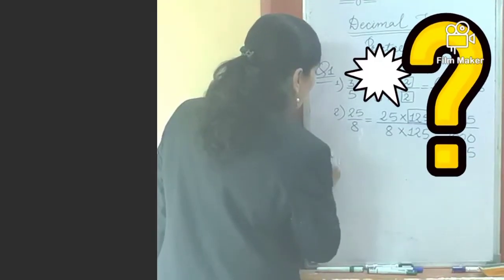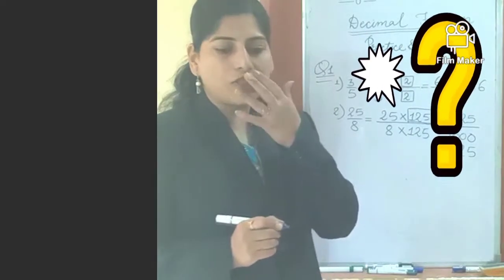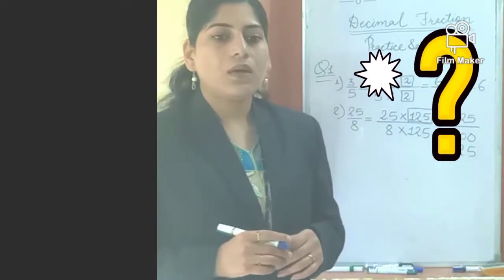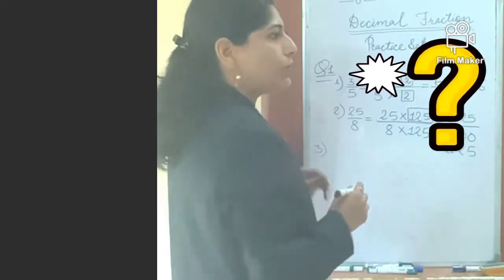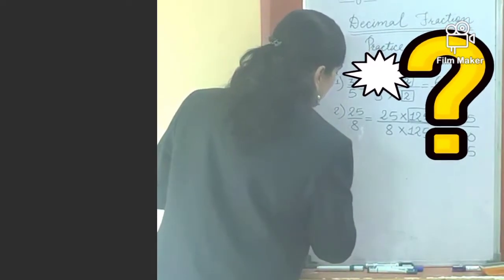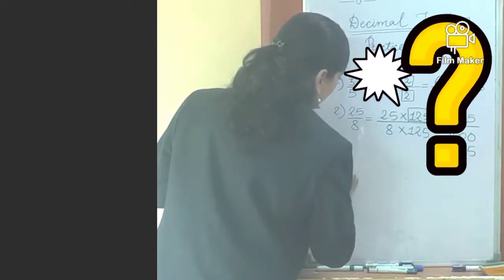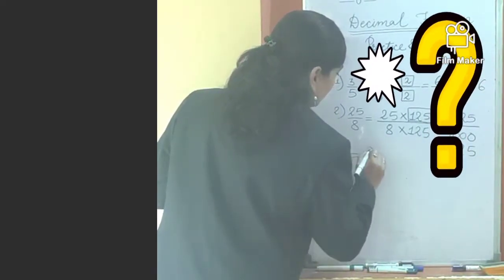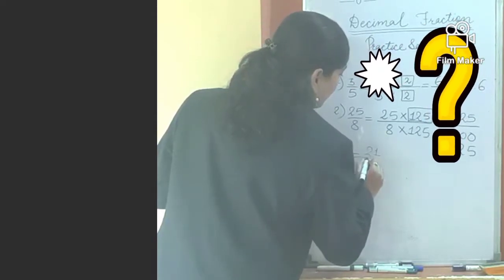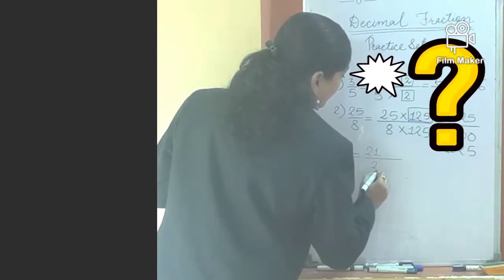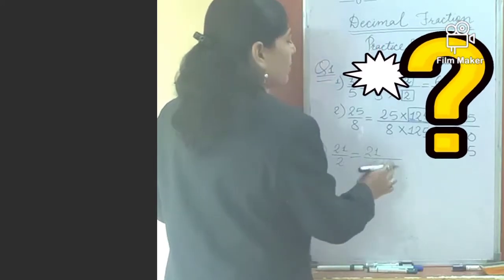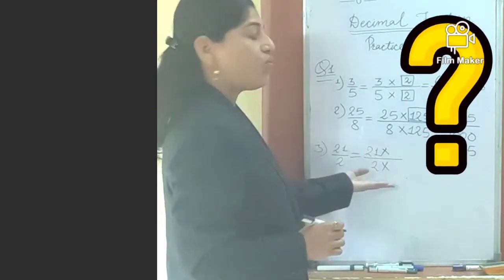Move towards the third question. Third question is 21 upon 2. So let us find how we can convert it into decimal fraction. We can multiply it with the number 5.